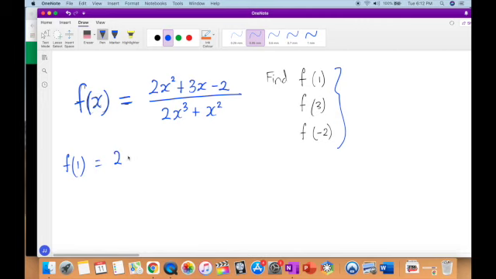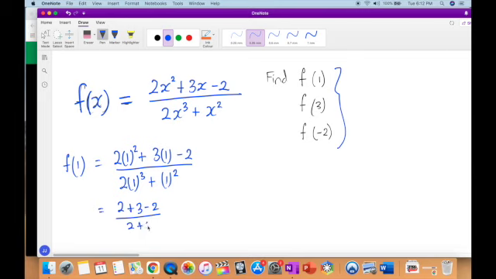I have 2x squared plus 3x minus 2 all over 2x cubed plus x squared. So this will give me 1 squared is 1, 2 is 2, plus 3 minus 2, all over 2 plus 1, which is 3 over 3, which is 1.